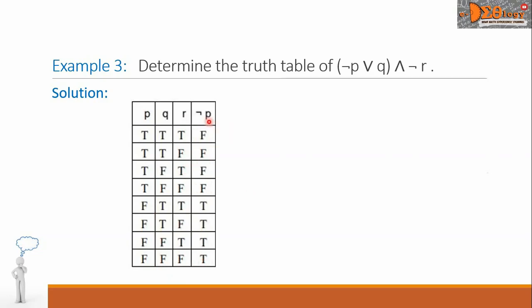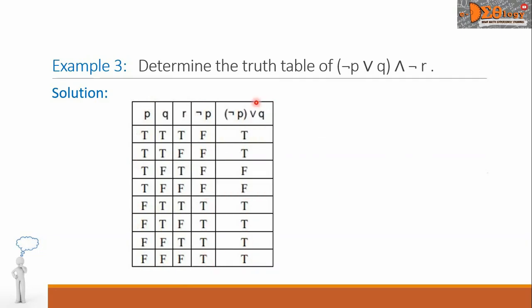Another column is for not P. So we negate the P. True here becomes false here. And that is the pattern here. Next, we write the column for not P or Q. In here, this becomes false only when both of the propositions are false.